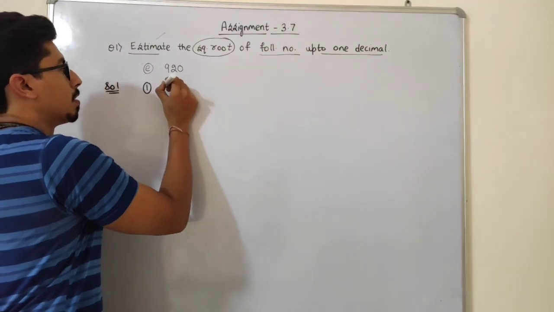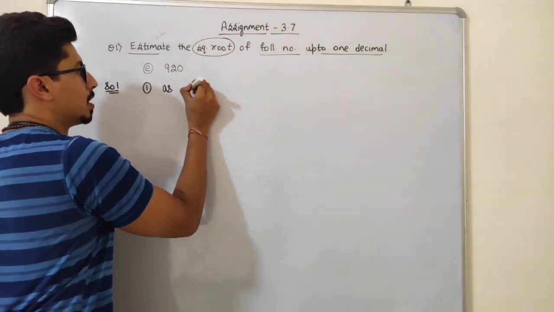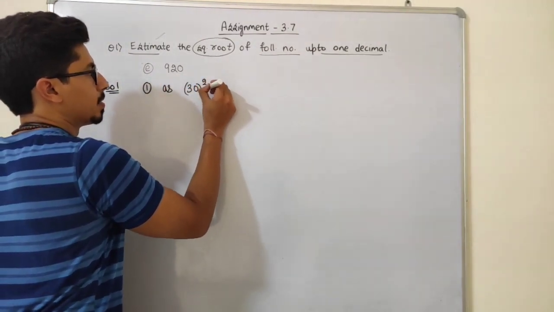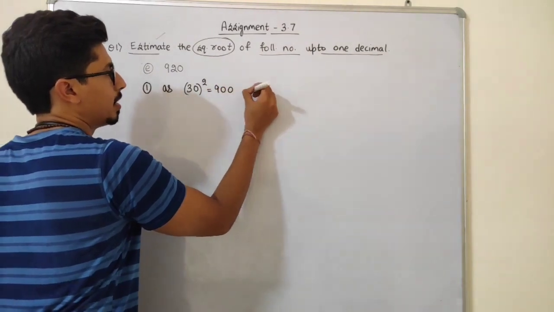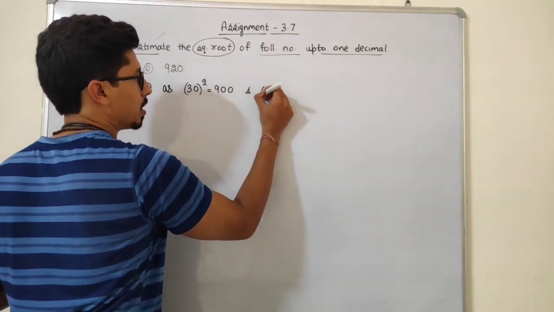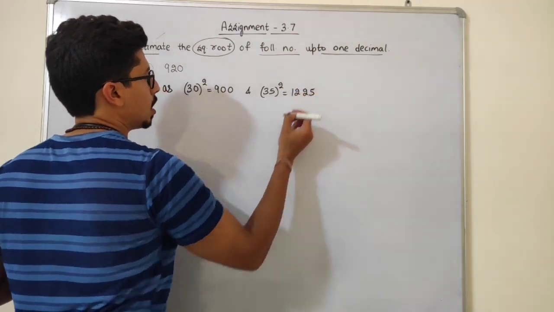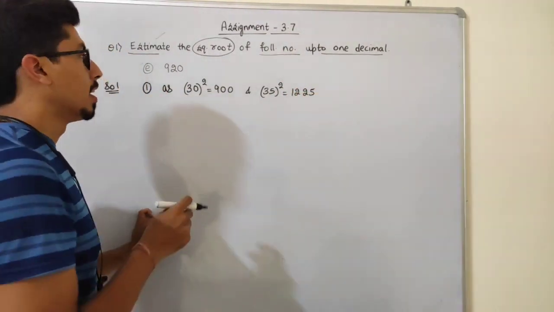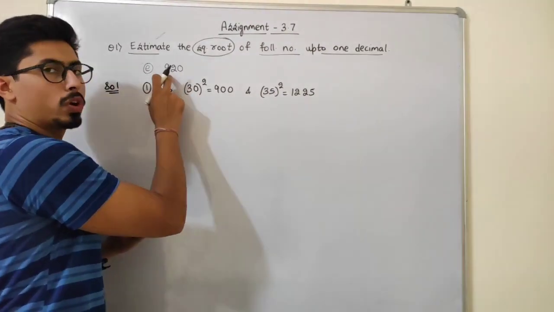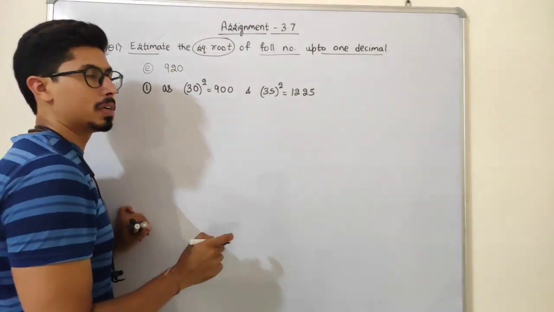Therefore, as 30 square is 900 and 35 square is equal to 1225, I can say that the square root of this number lies between these two numbers.